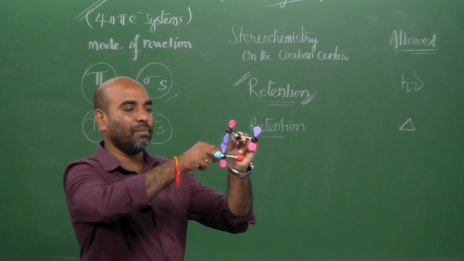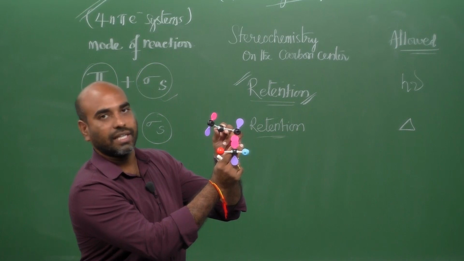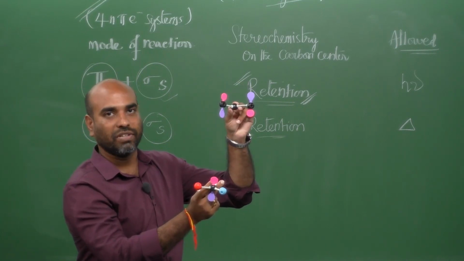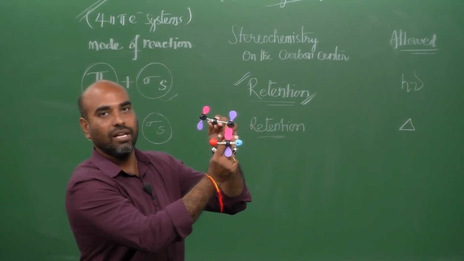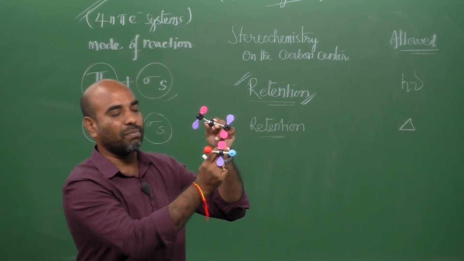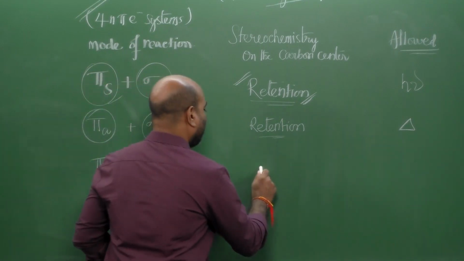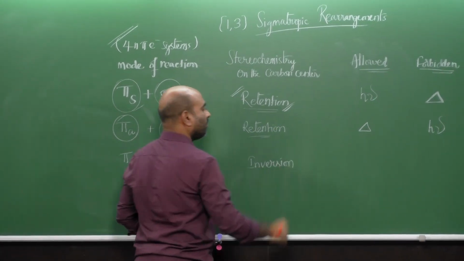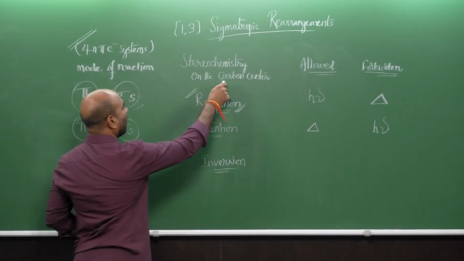What has happened here? Previously, the carbon center is like this, and now it has rotated like this. That means the pi center is still a suprafacial partner, whereas the carbon center has become an antarafacial partner. As a result, the configuration around the carbon center has inverted. So with inversion of configuration, where the configuration is inverting at the carbon center.